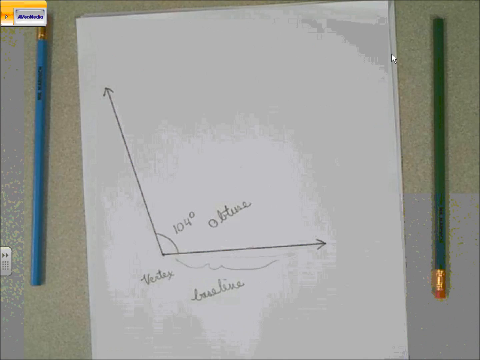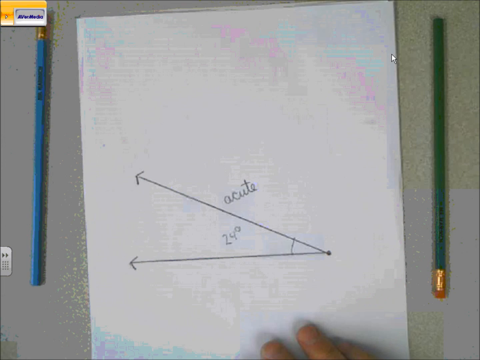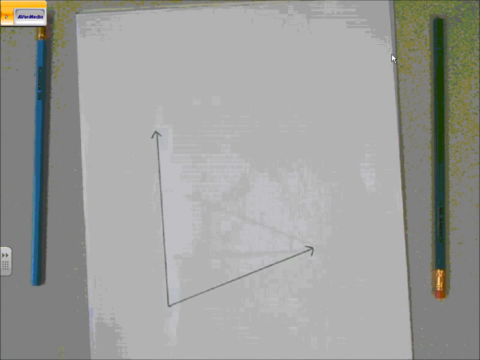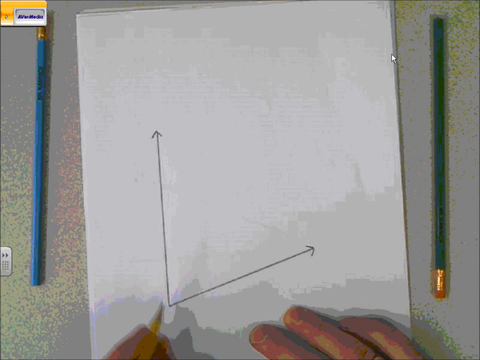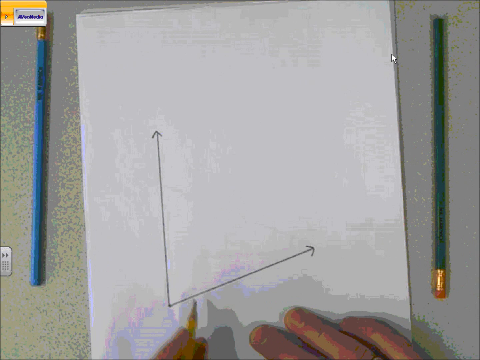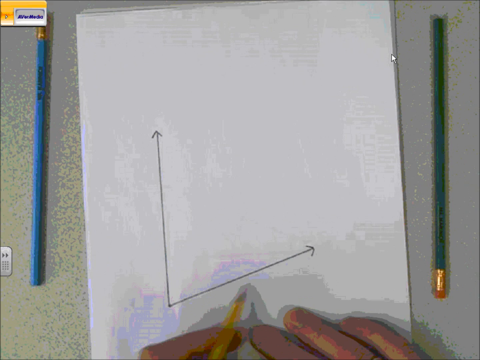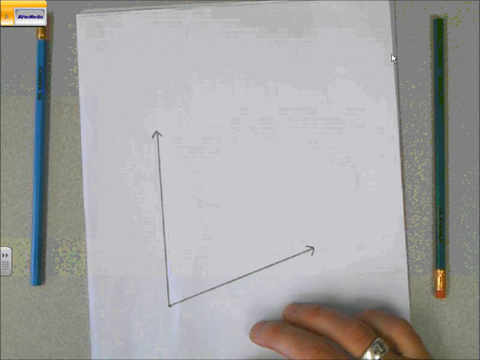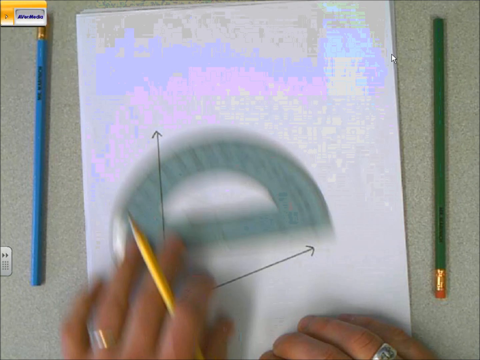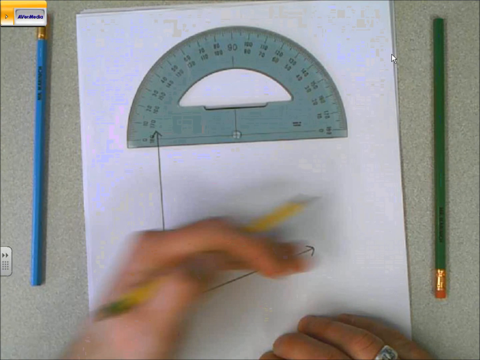Now let's try another example. We've had obtuse, acute, and now we've got something a little bit different. I'm going to scan through. You really should be looking for that vertex and this baseline here. Now, the other angles that I measured had baselines that were running nice and horizontal across the page.